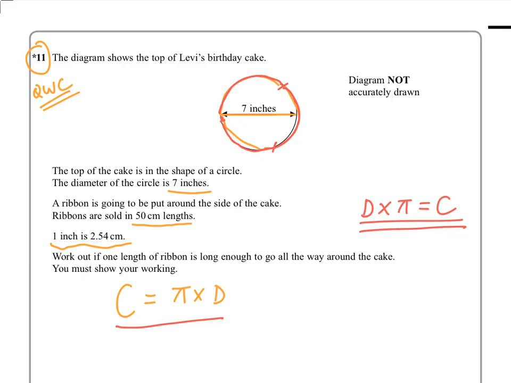So what information do we have? Well, we want to find the circumference. Pi we can use on our calculator. And the diameter is 7 inches. So the circumference is 7 pi inches. But the ribbon is sold in the units of centimetres, not inches. So we just have to convert this to centimetres.